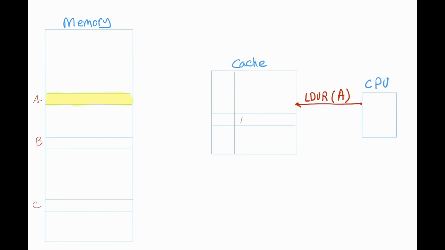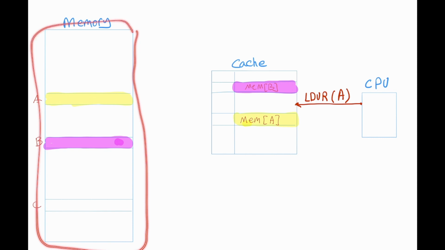So, for example, the memory value from address A is kept here, and maybe, for example, this memory location B is kept somewhere else in the cache. It doesn't have to be in the same order. Somewhere else you have memory B. Now the cache is a lot smaller than the memory, so not everything is going to be kept in the cache.